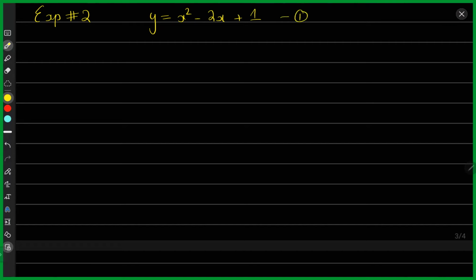And for equation 2, I have y equals minus x squared minus 2 into minus x plus 1. That's equation 2. Now here the example clearly had this minus sign. It could have been this way as well, that the examiner would just give you this equation y equals x squared plus 2x plus 1.